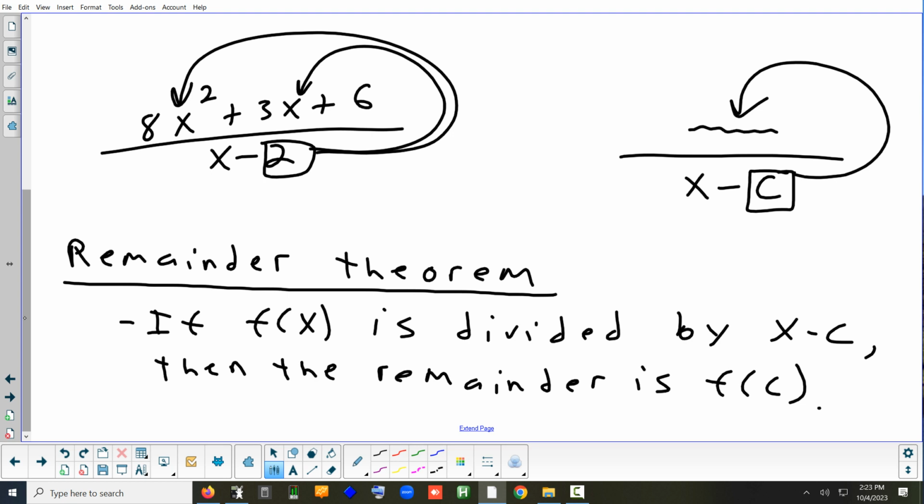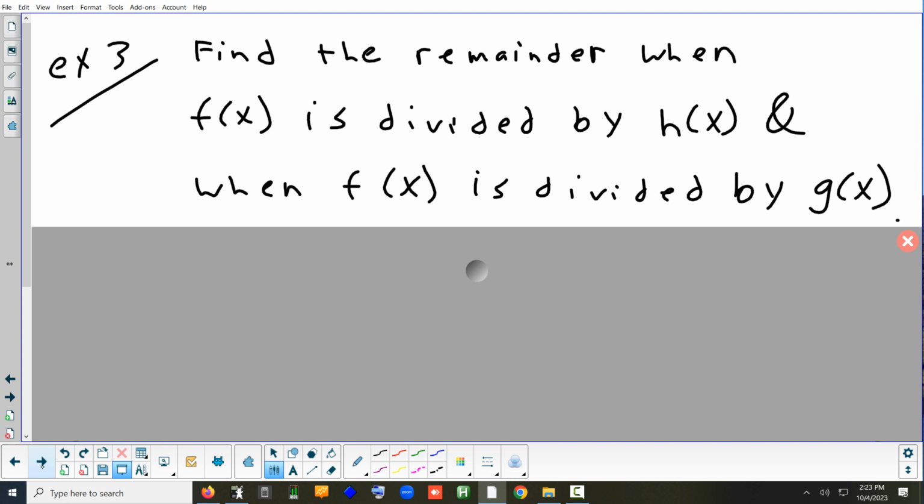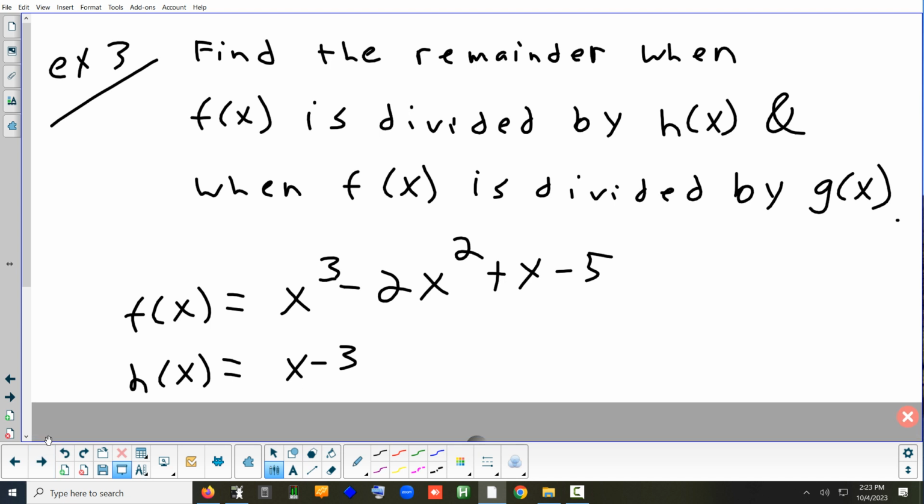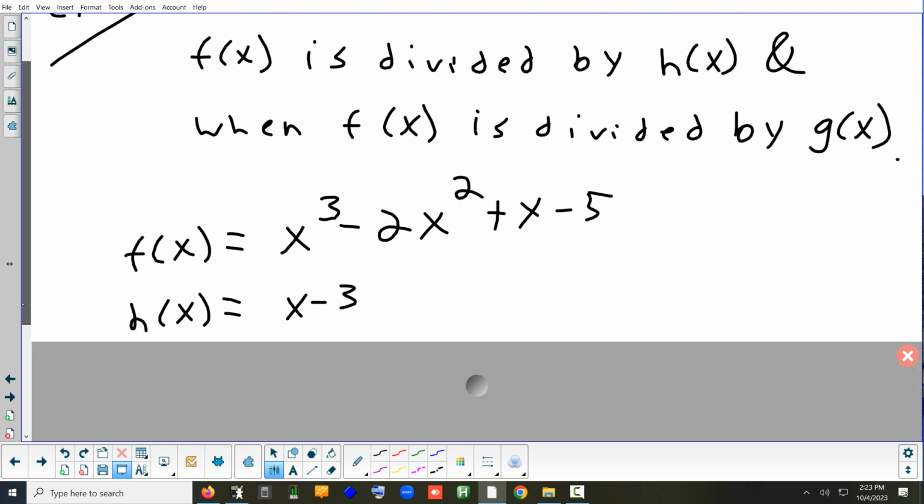All right, let's try. So all I want to do in this problem is find the remainder, and we'll do 2 problems. The first one we're going to do is f of x, and we're going to divide by h of x. So f of x is in the top, h of x is in the bottom.